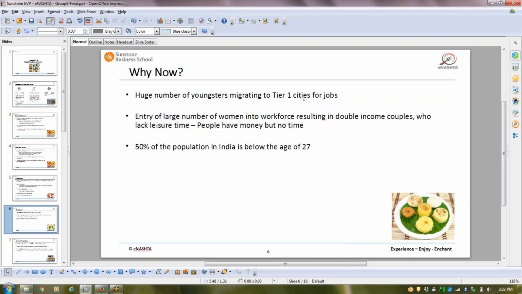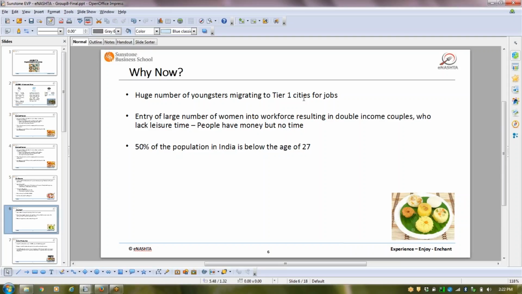At least 10 or 15 years back, the number of women in the workforce was much lower, and now it is increasing. And because of which we have two advantages. One is that women do not have enough time at home to cook breakfast. Second is that since both husband and wife are working, they have income, and they are able to spend on fancy items.